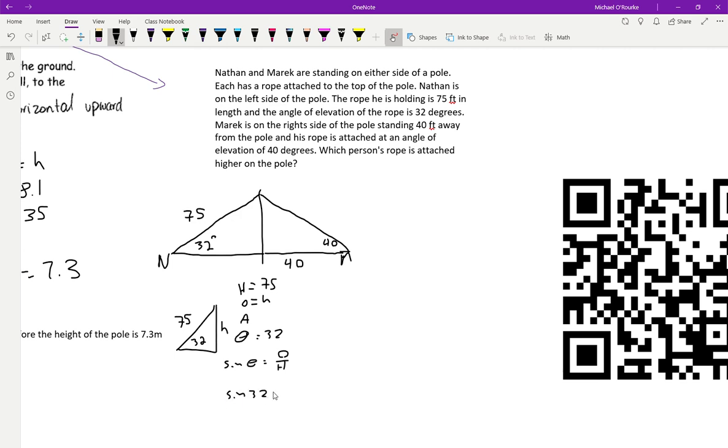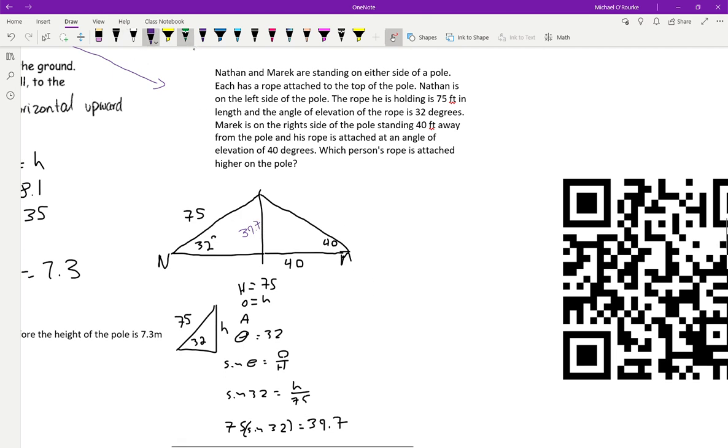Sine 32 equals h over 75. Move that over, sine 32 times 75 is about 40. I'm going to round to 39.7. So that is, on this side, 39.7.